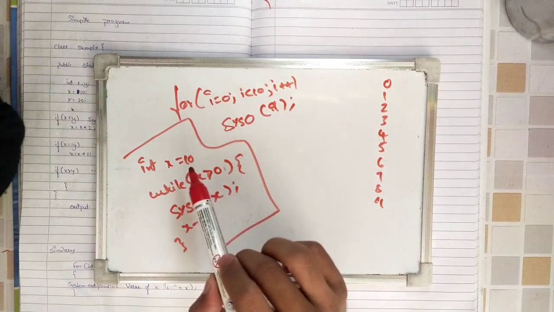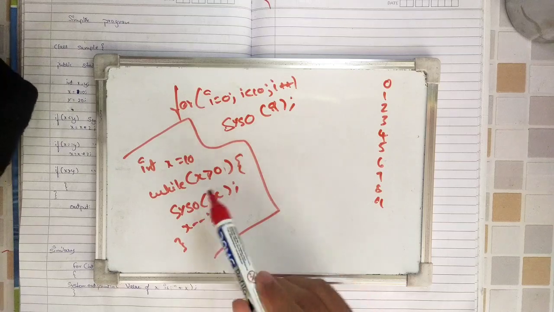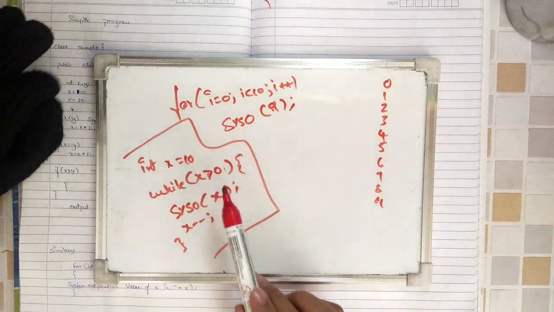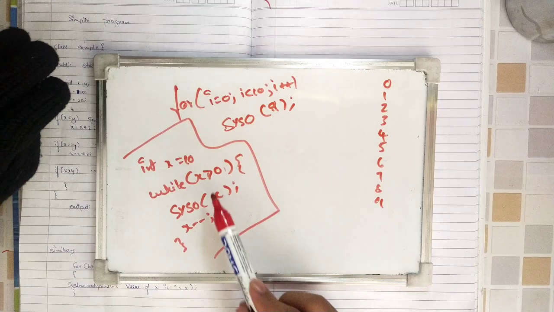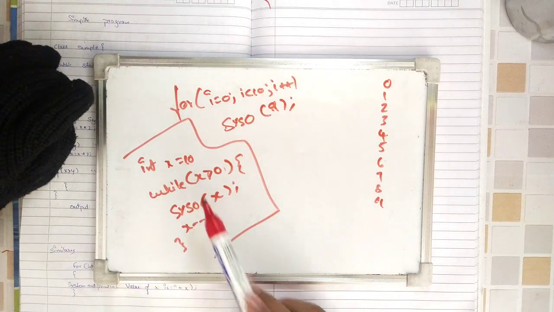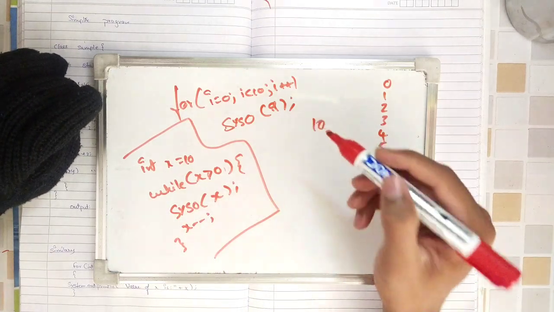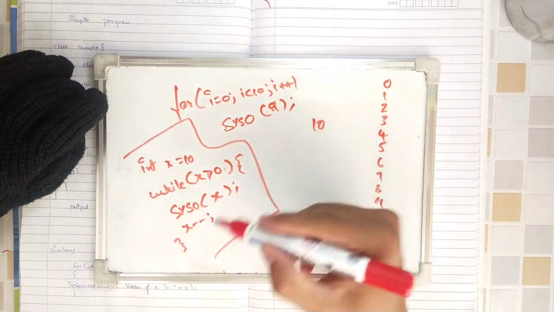Initially I declared my x as 10. Then under the while loop I gave a condition, while my x is greater than 0. Until then, keep executing this block of code. First it will print 10, then x minus minus, so x will become 9.